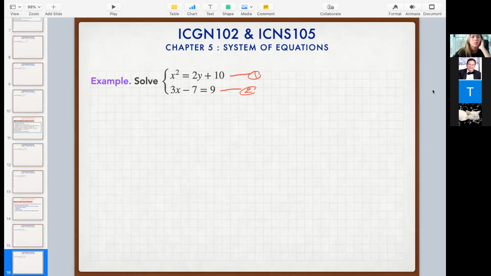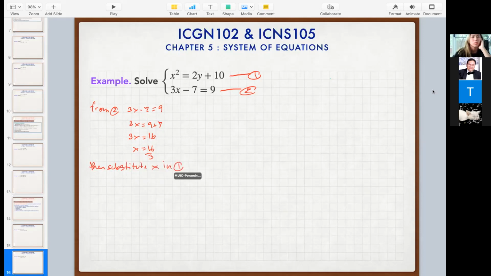In here you can see that from equation number 2, 3x minus 7 equals 9. We can solve for x. In here we have 3x equals 9 plus 7, 3x equals 16. Then x equals 16 over 3. We get x already. So we substitute the variable x in equation number 1.